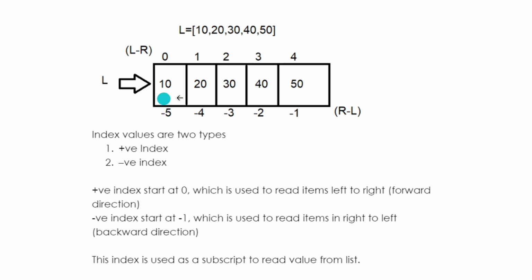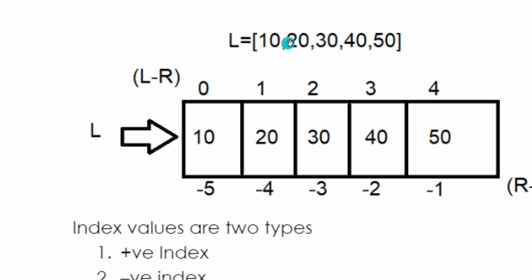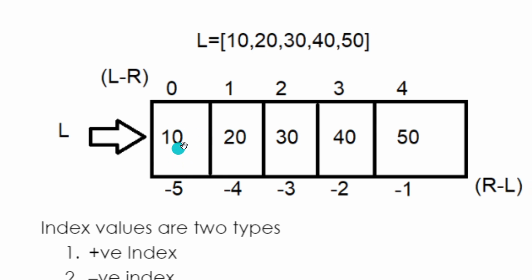Suppose you want to access the list: 10, 20, 30, 40, and 50. These are the elements, and this is the graphical representation. Going left to right, the first index value will be 0, then 1, 2, 3, and 4.